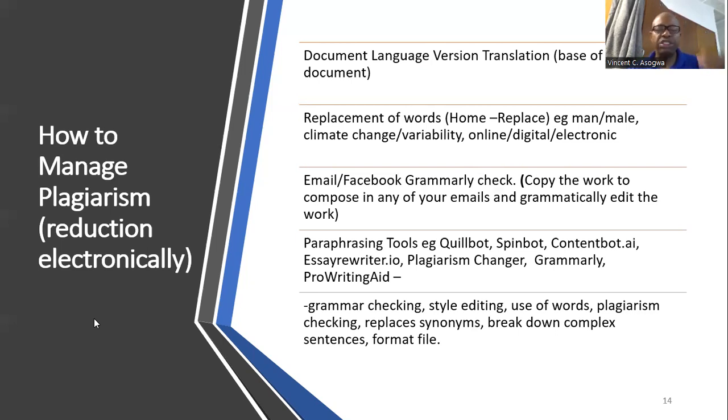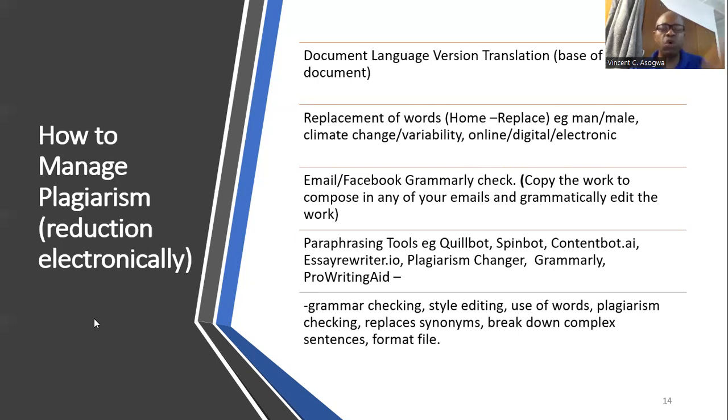Now, what is the functionality of these paraphrasing tools? One is grammar checking. They check the grammar. Sometimes our grammar may be wrong and cross-match with others and be seen as plagiarism. So they check the grammar to correct it. Secondly, style of editing. They look at it and edit well. Use of words.